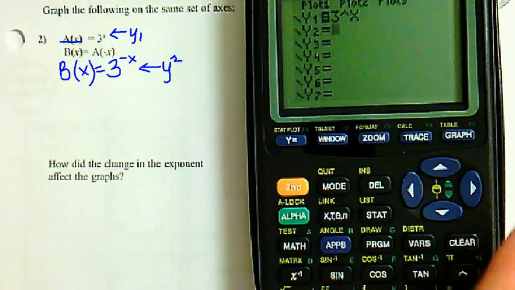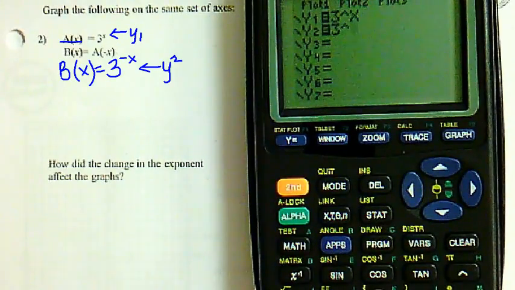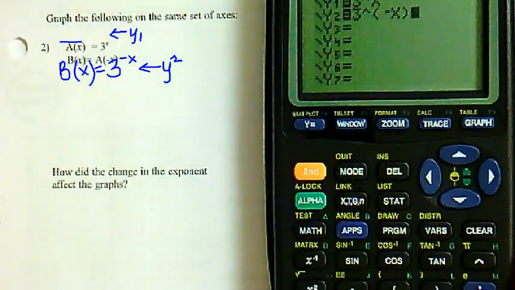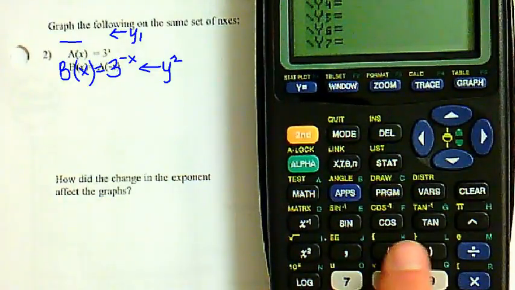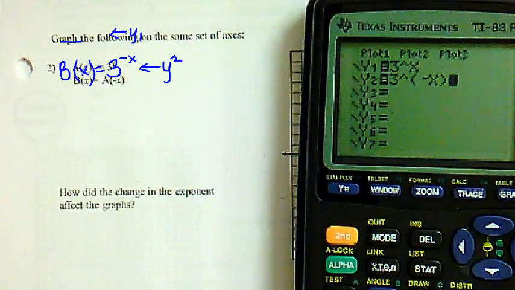Now to do a negative, you're going to do 3 raised to, a parenthesis, then a negative x, end parenthesis. Parentheses are right here. Again, your negative button is right at the bottom. So you're going to do that.